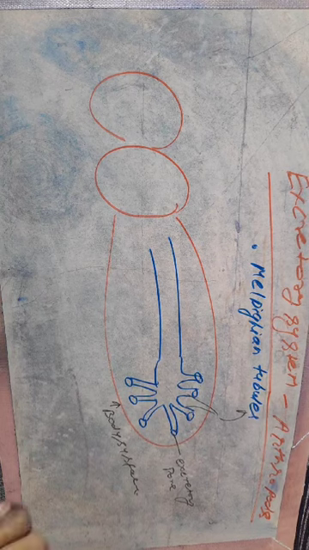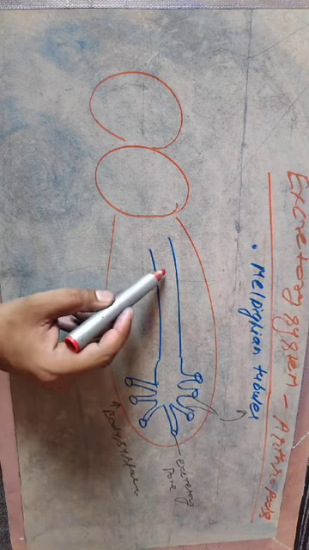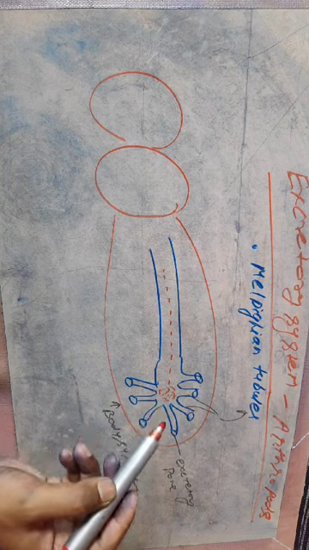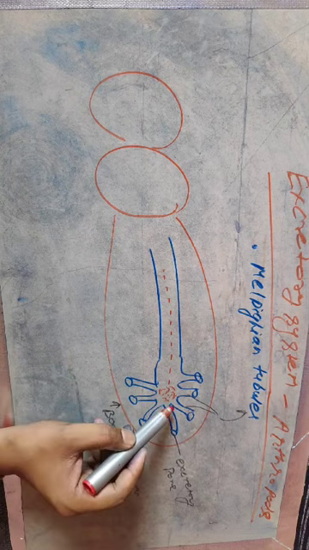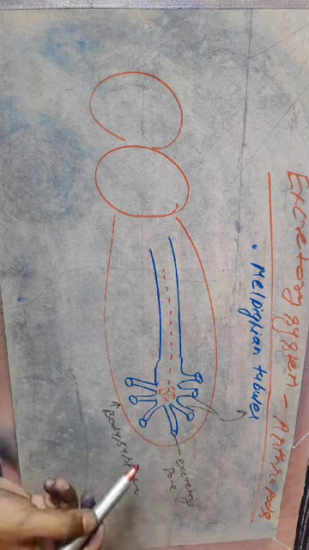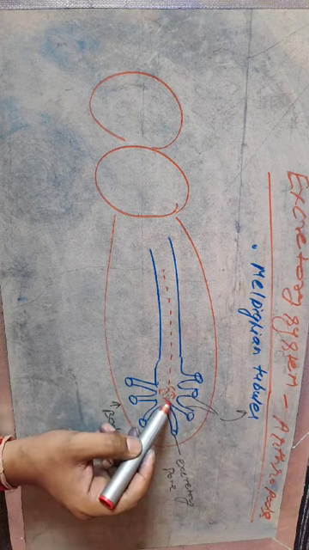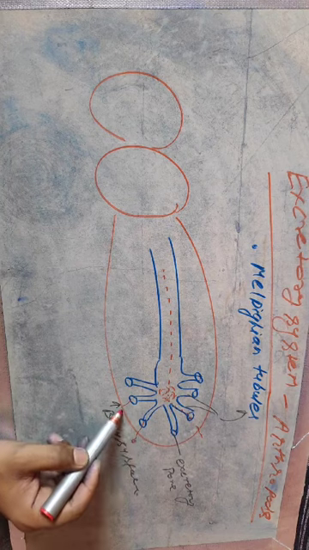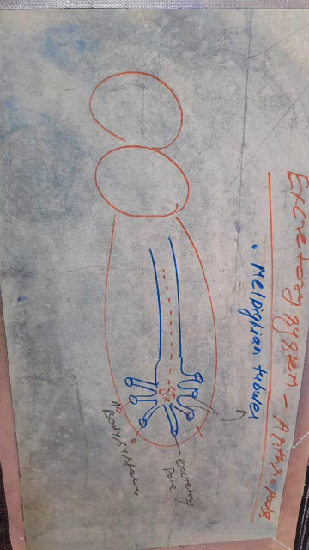How do arthropods perform excretion? When the excretory product reaches this region, called the Malpighian cavity, the Malpighian tubules extract the waste materials and release them over the body surface, and that is how excretion is completed in arthropods.